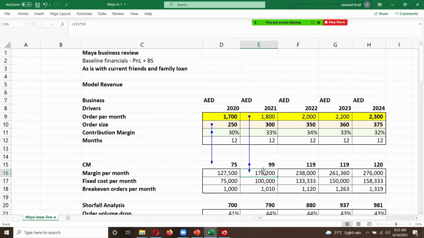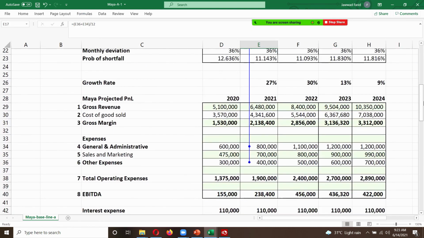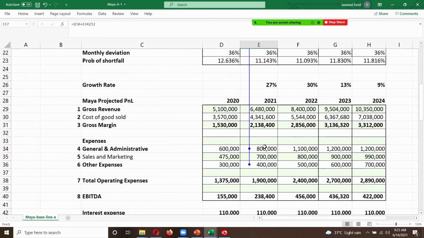So that's their margin. Now, fixed cost right now is static. We've just plugged in some values. If you look at fixed costs per month, they come from two values: general and administrative, which are static values.